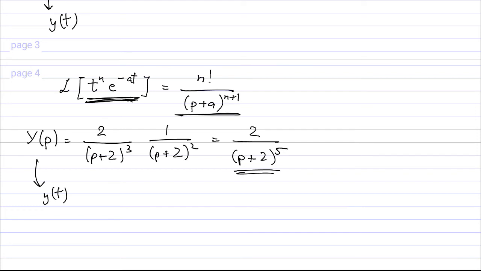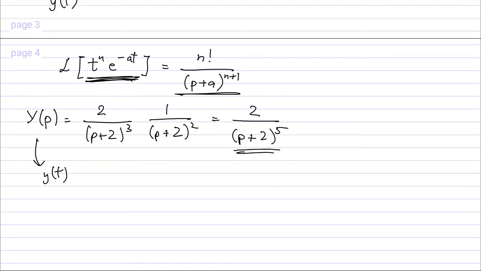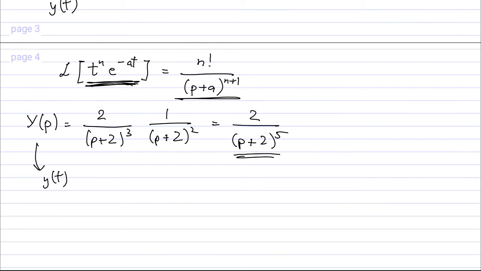So let's try to guess a function such that when you take its Laplace transform you end up with this thing. First of all I have this factor 2, so let's just write 2 outside. And then I would guess that I would need t raised to power 4 e raised to power minus 2t. That would be my initial guess, which probably needs to be adjusted a little bit.